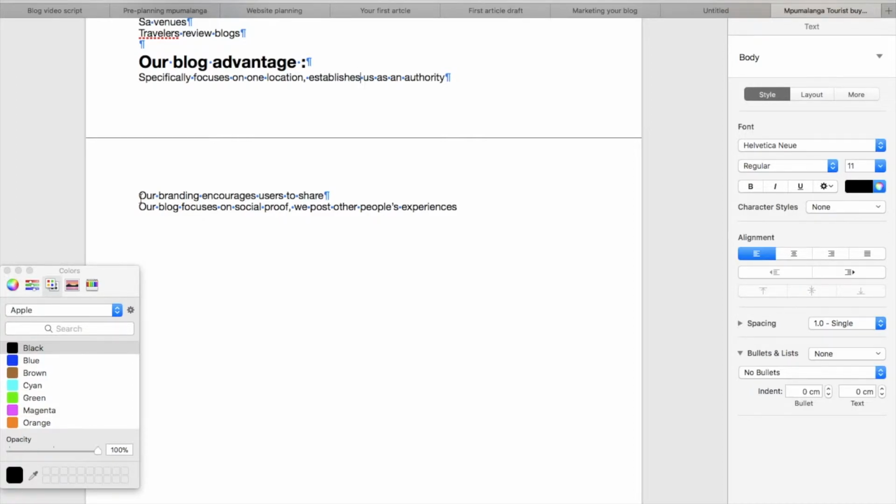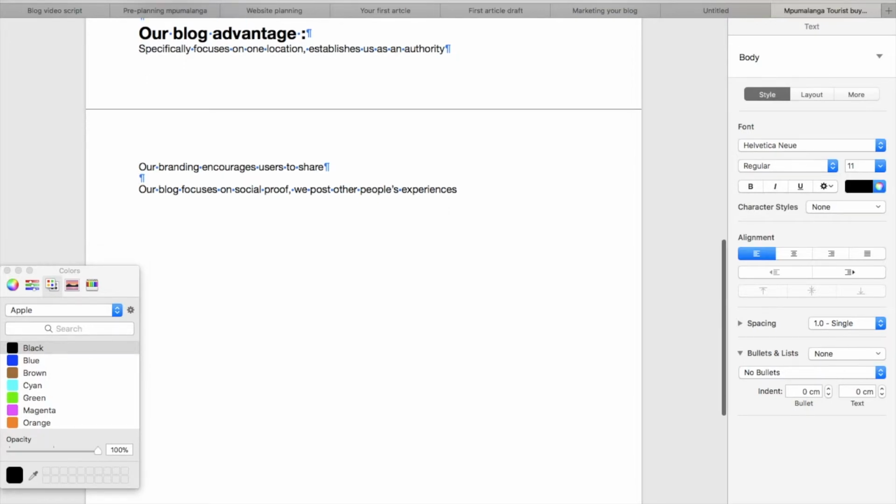So once again, I have this social currency and social proof: when people come to Mpumalanga, they want to share with their friends and get feedback on that. And also, people who want to visit other sites, when they see that there's a person who's been there themselves, it adds a little more authority and makes it more real and genuine, other than if I was the one writing a review. But if someone who went there wrote a review, it has more authority.